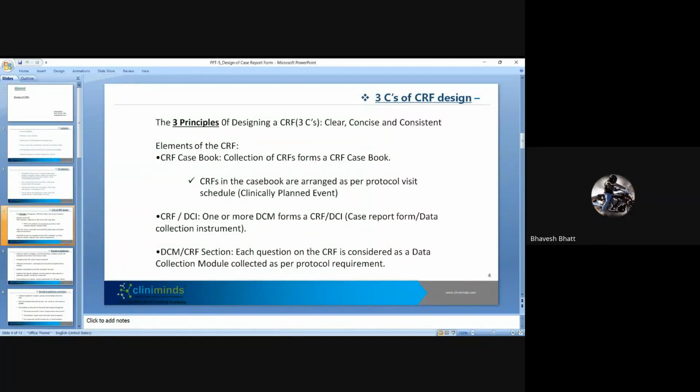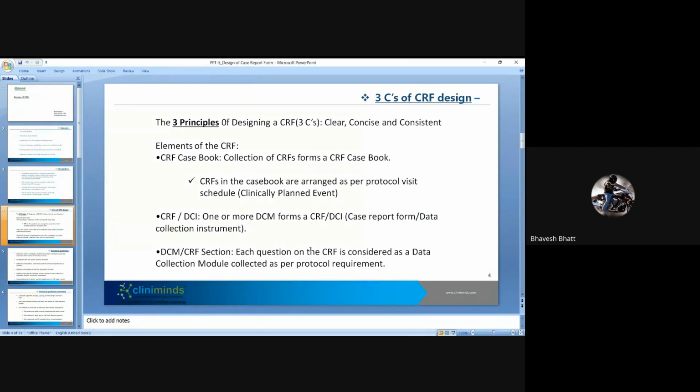So there are three basic principles, the three C's, for designing the CRFs: clear, concise, and consistent. As an aspect of CRF development, we follow these three principles.